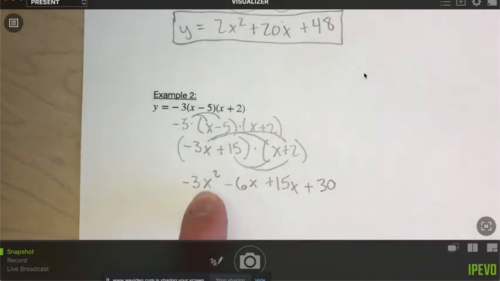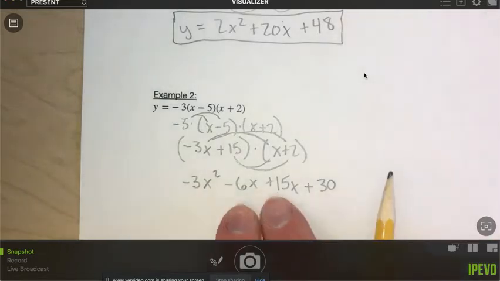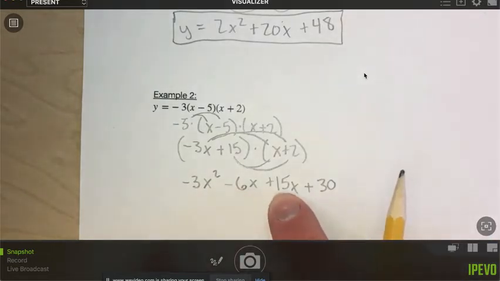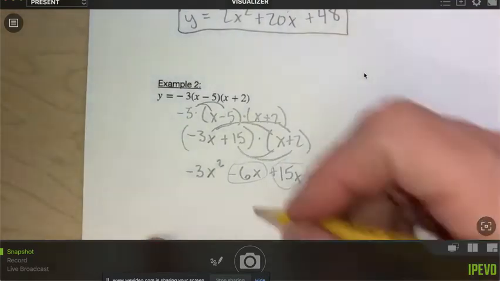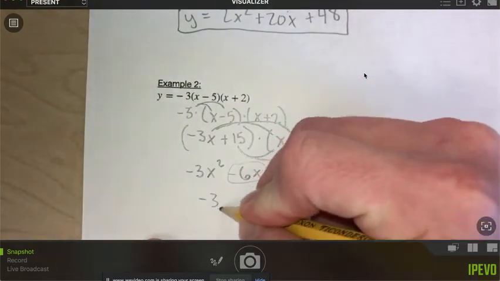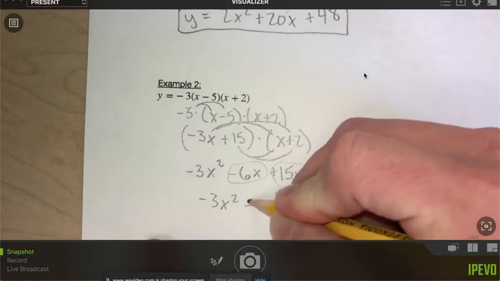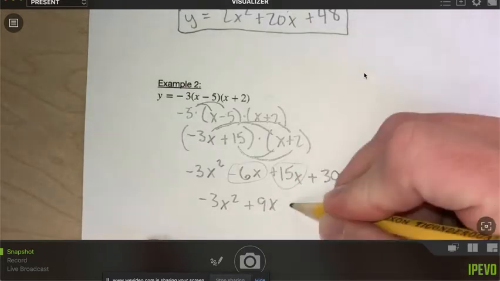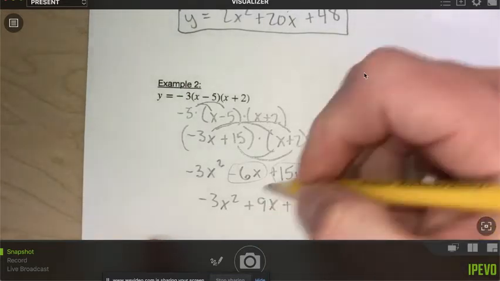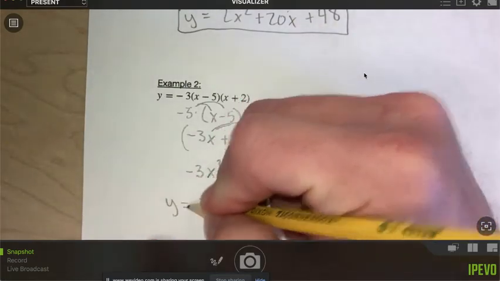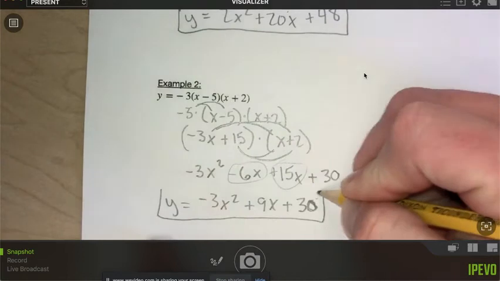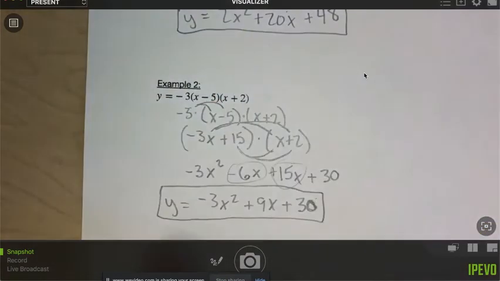Once again, x squared, there's no other x squared, so that term can't change. But I have a negative 6x and a plus 15x. So these are my like terms. And so if I combine those, I will get a positive 9x. And so in standard form, this would be my equation.